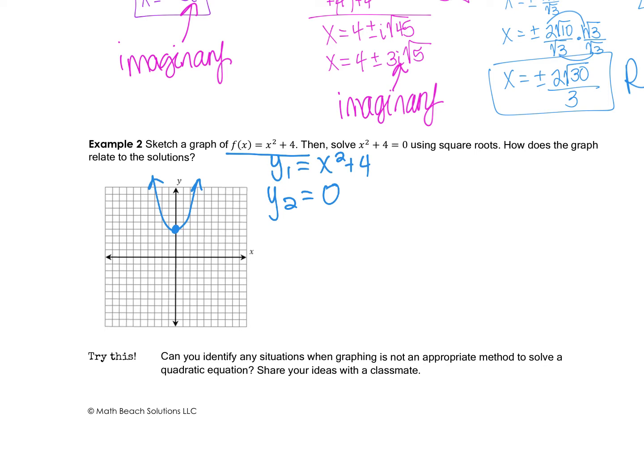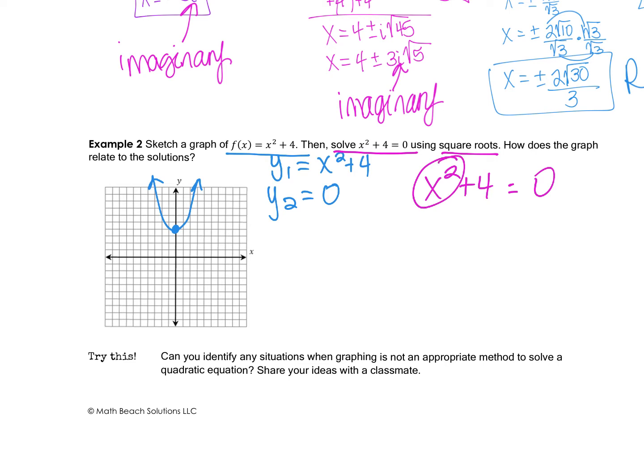So if you remember from yesterday when we were solving these by graphing, we were trying to find the roots, solutions, zeros, x-intercepts. They all mean the same thing. Notice this one is not crossing the x-axis. So now it tells me that I want to solve x squared plus 4 equals 0 using square roots. So remember we just went over that.